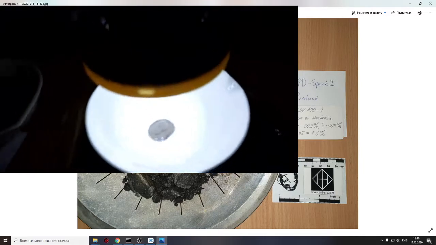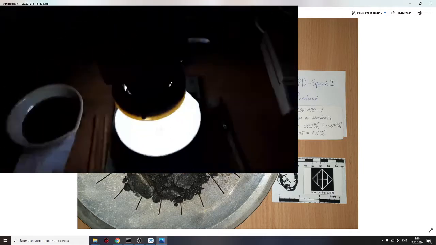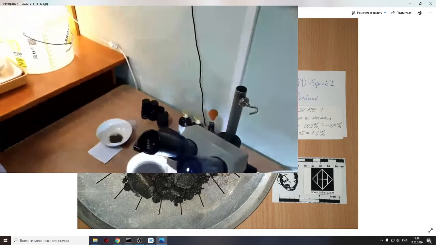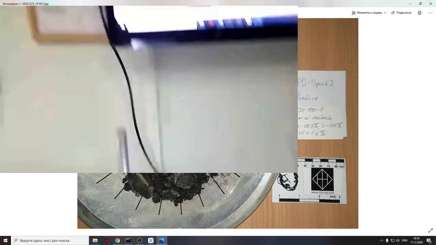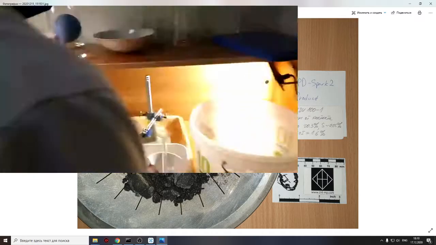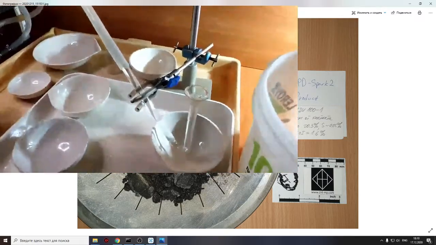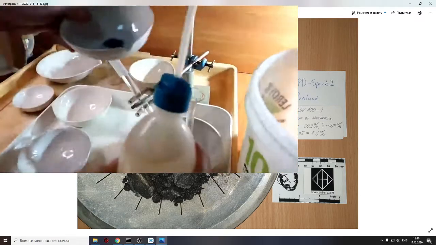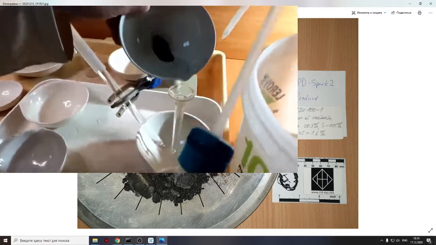I would like to show you how we make the final concentrate with a short glass tube. And while Alexander is doing that, we will discuss what we've done during these days.